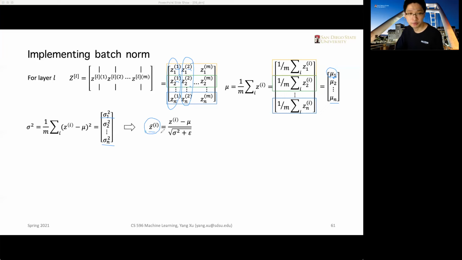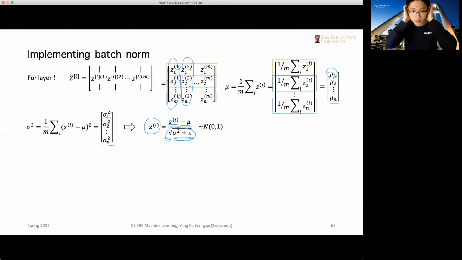The z bar would be the original z minus mu, divided by the square root of sigma squared, with this epsilon to avoid the divide-by-zero issue. So we have moved all the z's to a center, centered around 0, and all the z's are also normalized.